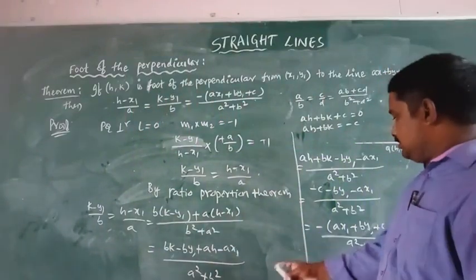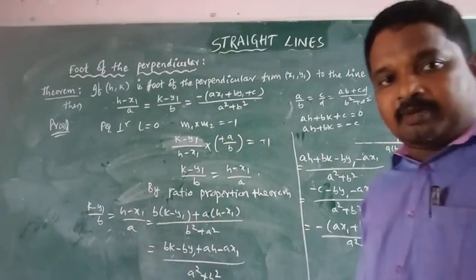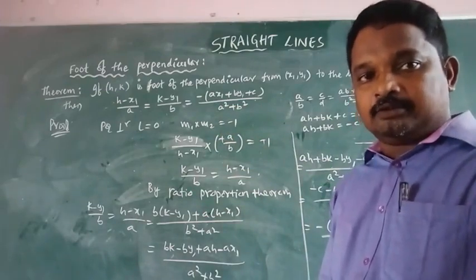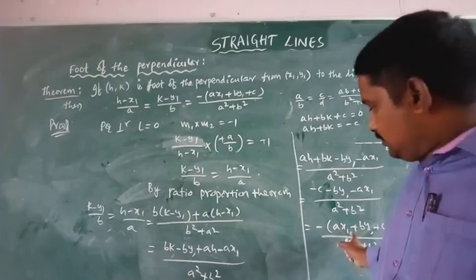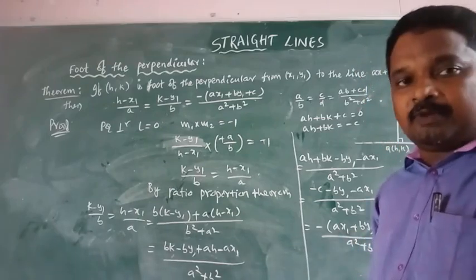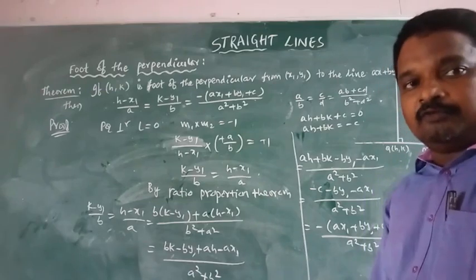So that is our requirement: (h - x1)/a = (k - y1)/b = -(ax1 + by1 + c)/(a² + b²). This proves the perpendicular foot formula.